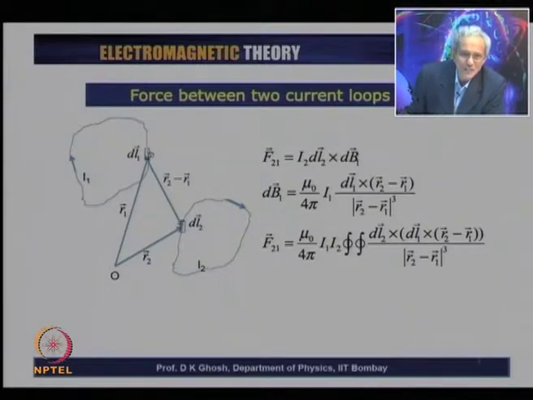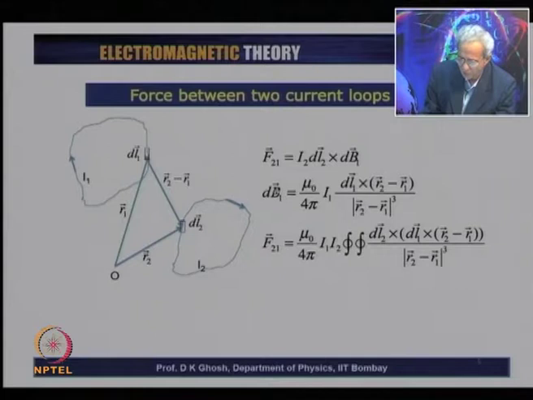So, you know that from this current element, this point P, which I will come back to this circuit later, but let us just talk about this point. This point P is at a position R2 minus R1. Now, what I have to do is this, that in order to calculate the total magnetic field at this point due to this complete circuit, the magnetic field here will be given by the Biot-Savart law.